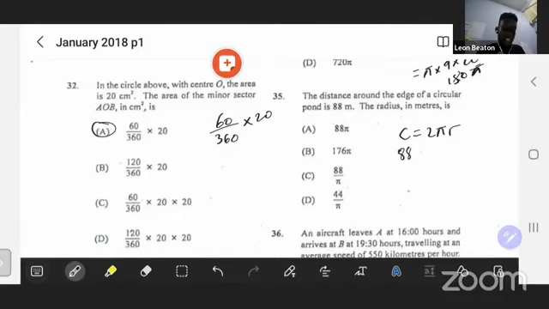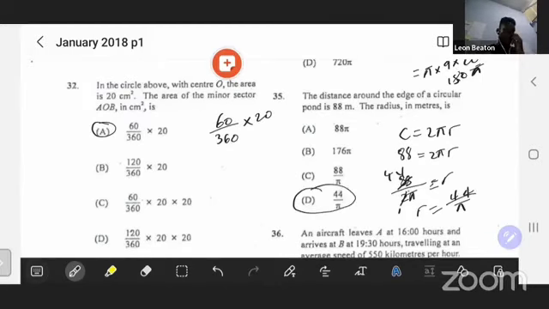That is equal to 2 pi r. To find r, we just take over the 2 pi. So r will be equal to 88 divided by 2 pi. 88 divided by 2 is 44. So we have 44 over pi. Don't be carried away and put 88 over pi. We divided by 2.